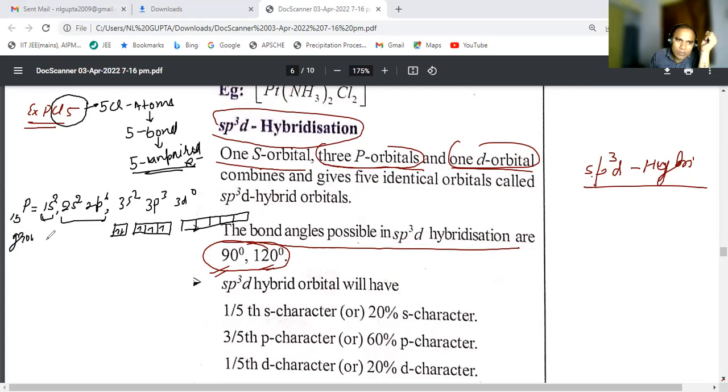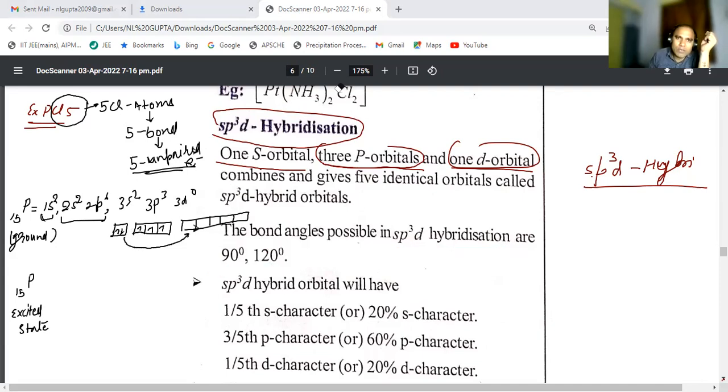Now what we are going to do, we are sending this phosphorus P15 to the excited state. If we are sending it to the excited state, one electron of it is going to jump here. Then you need to check how many unpaired electrons are left.